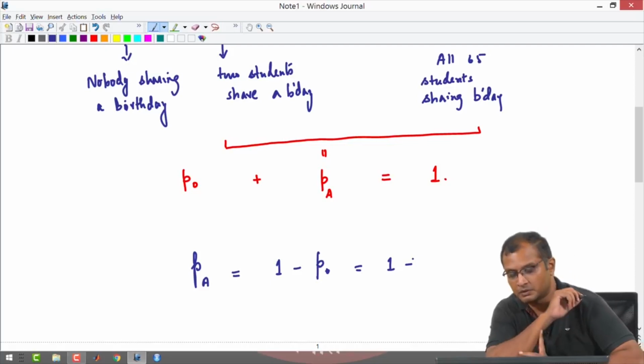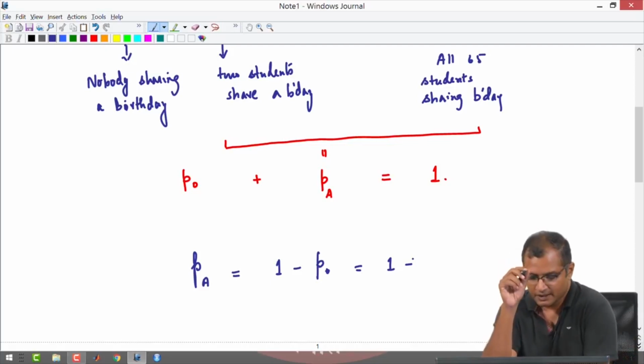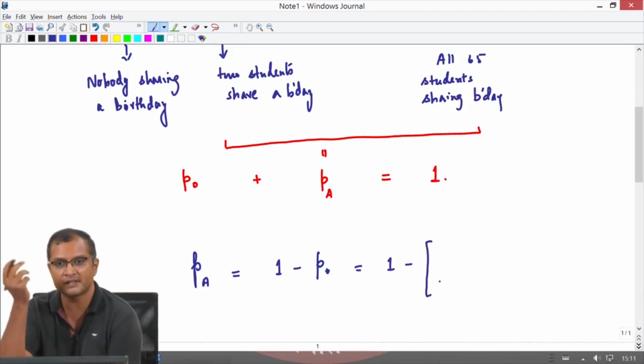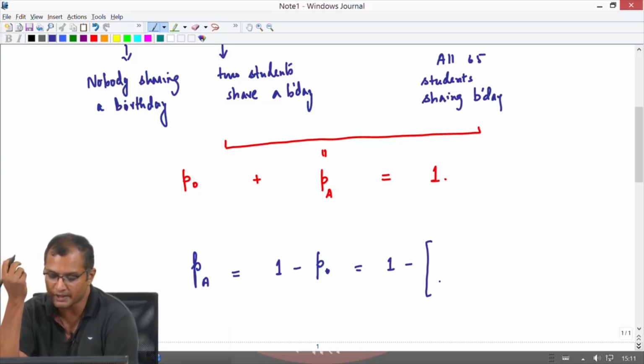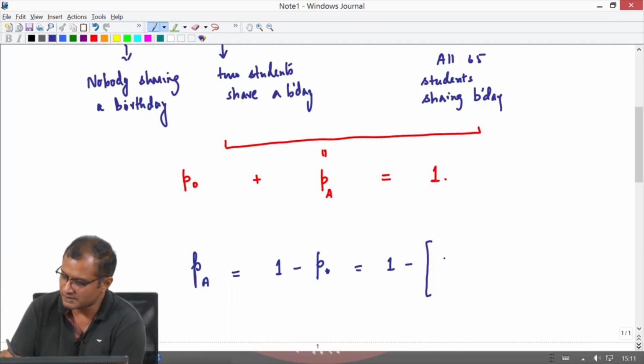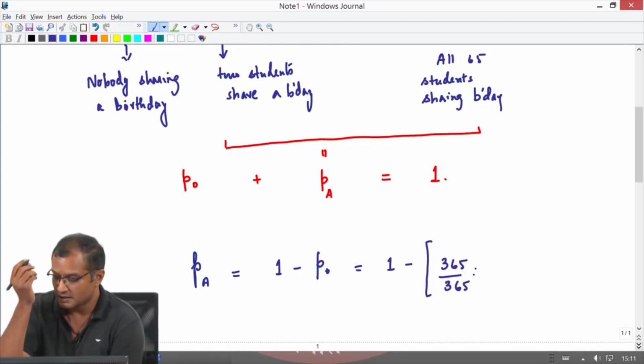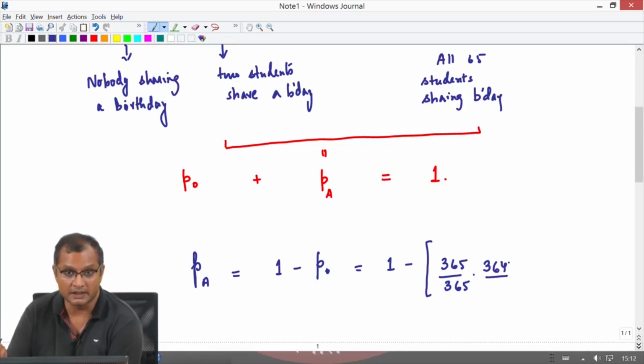Okay. Now, the fact that nobody shares a birthday is a problem of simple permutation. Since you have 65 students and you want to write down the probability that nobody shares the birthday, you can say that the first student has 365 days in the year to take as his birthday, divided by 365. Now, the next student who comes has 364 days available, because the first student has already taken one birthday in the calendar year.